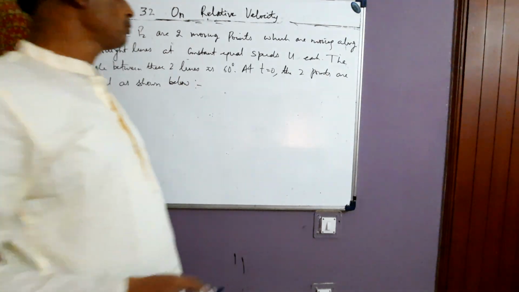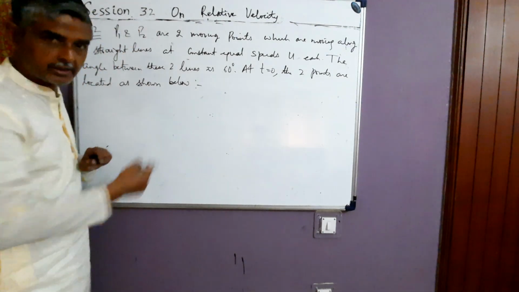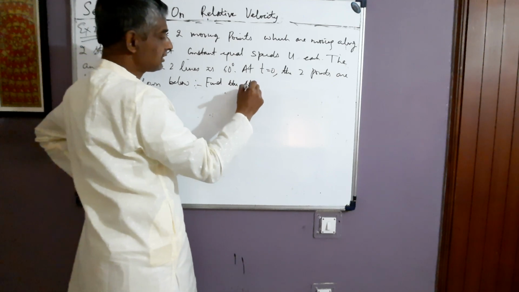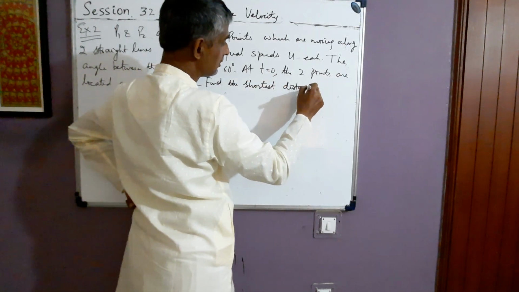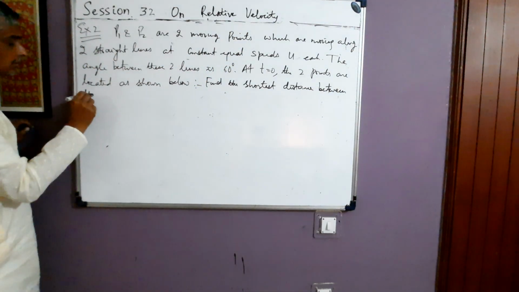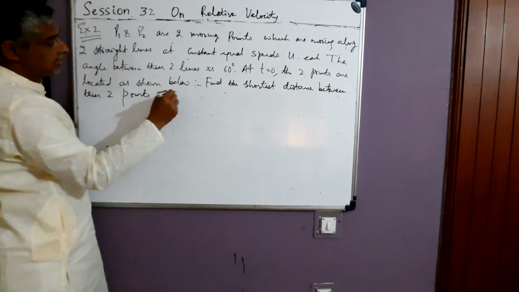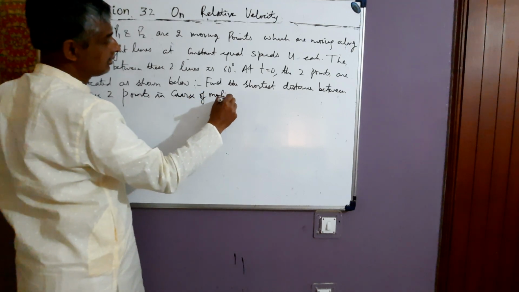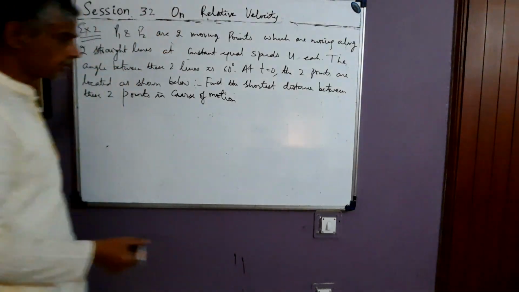At t equal to 0, the two points are located as shown below. I'll write down the question, then I'll draw the diagram. Find the shortest distance between these 2 points in course of motion using the relative velocity concept.